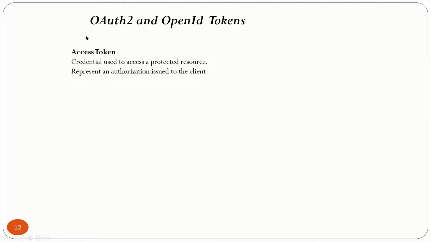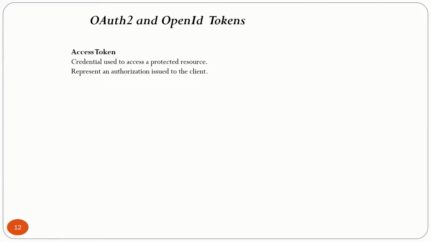And this is the key of the authorization part of OAuth2, okay? In fact, it represents an authorization issued by the authorization server to the client to access a protected resource on behalf of the resource owner.